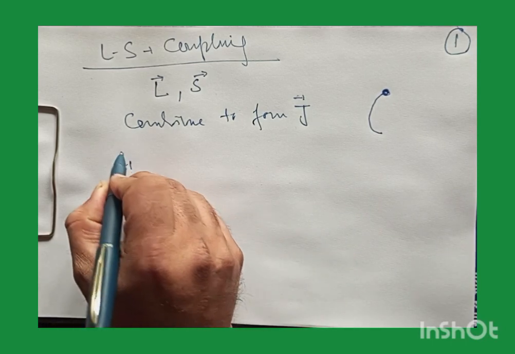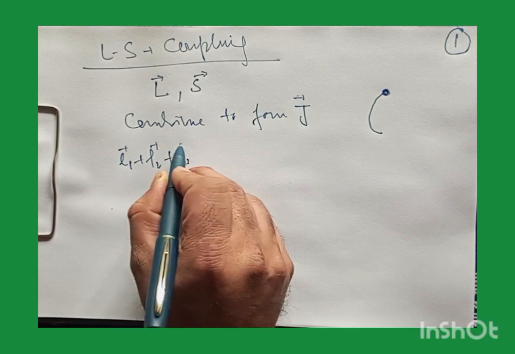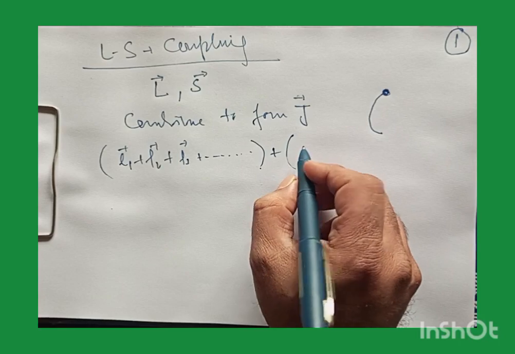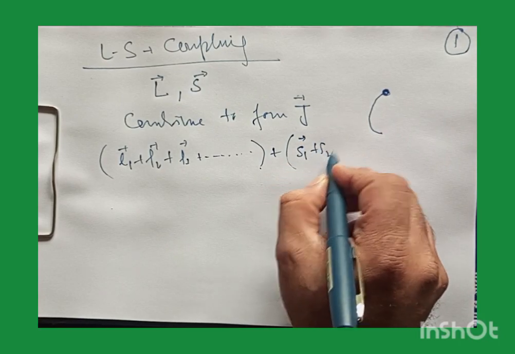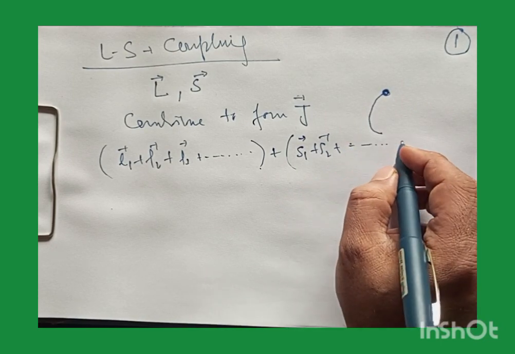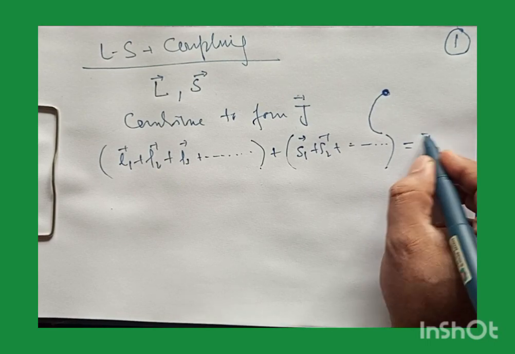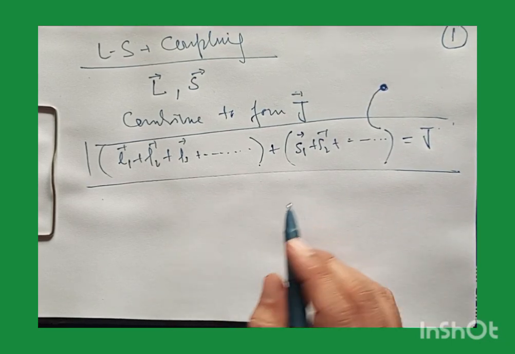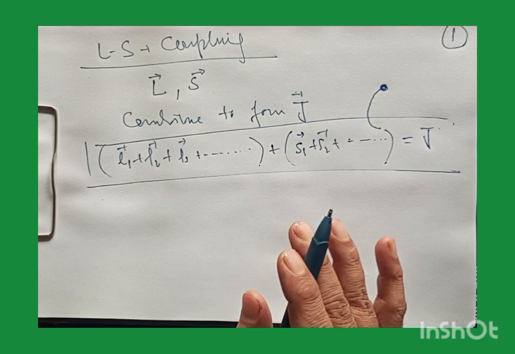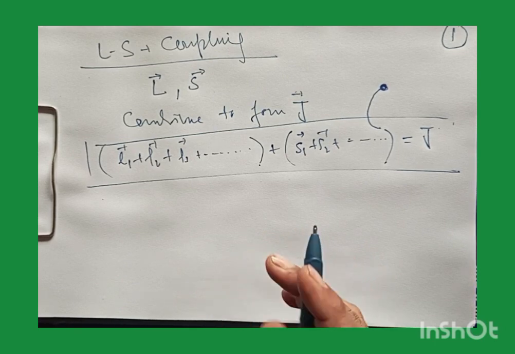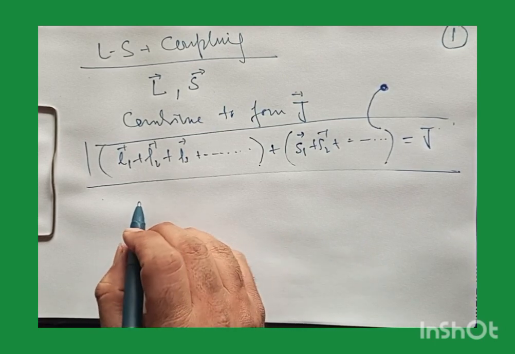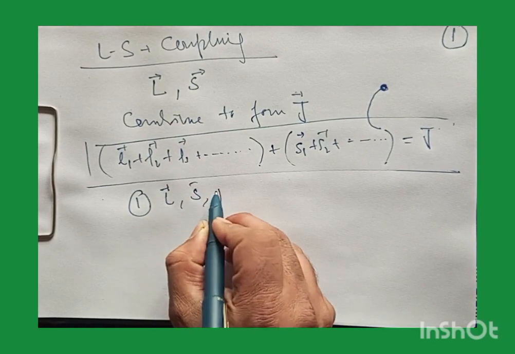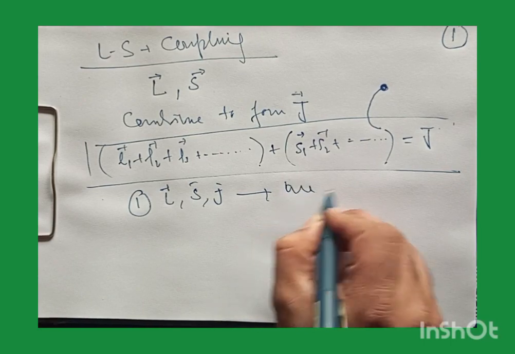So if I think in terms of L1 plus L2 plus L3 as the individual angular momenta of all the electrons in an atom, and likewise the spin angular momenta of all the electrons in this atom, this gives me the total angular momentum J. This type of coupling we call LS coupling, and it is governed by the fact that all three vectors, L, S, and J, have to be quantized. They are quantized.